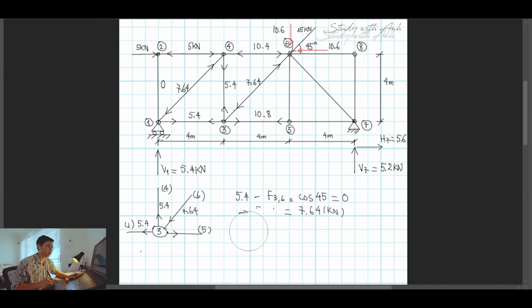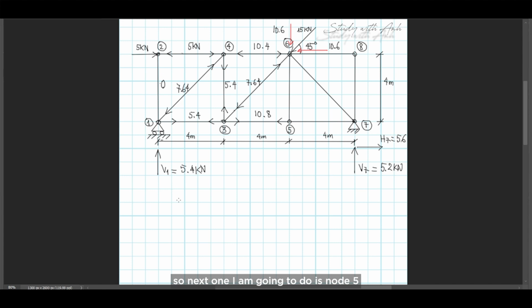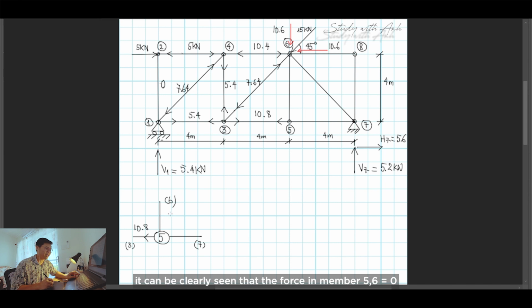Okay, what next? The next one I'm going to do is node 5. It can be clearly seen that the force in member 5,6 is 0, because we don't have any external load in here.